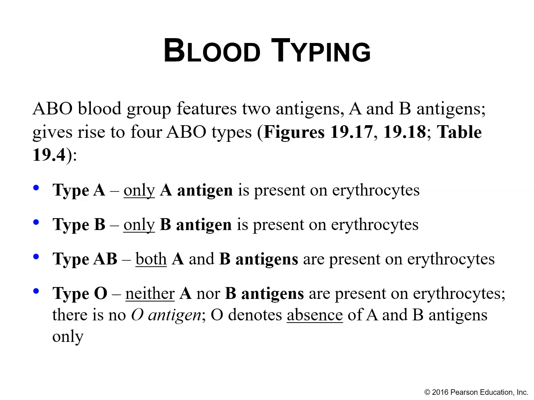And if you're type O, that means you have neither A nor B antigen present on your red blood cell. Remember, there is no O antigen. O just simply denotes the absence of either A or B antigen. So if you were type O, that means you would have both recessive alleles for both the A antigen and the B antigen.